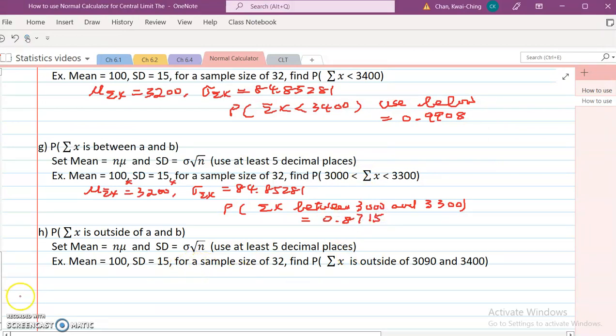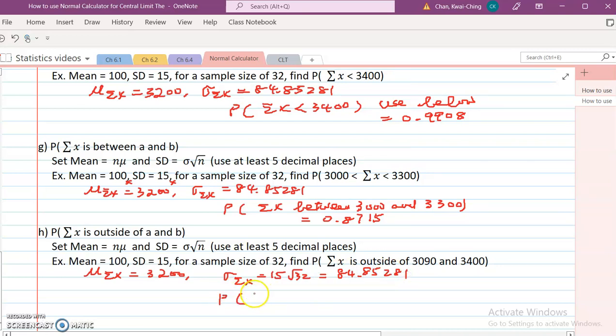And if we want it to be outside, we still need to set the new mean. Mu of sigma x is equal to 100 times 32, so it's 3,200. And sigma of sigma x is 15 times square root of 32, which is 84.85281.